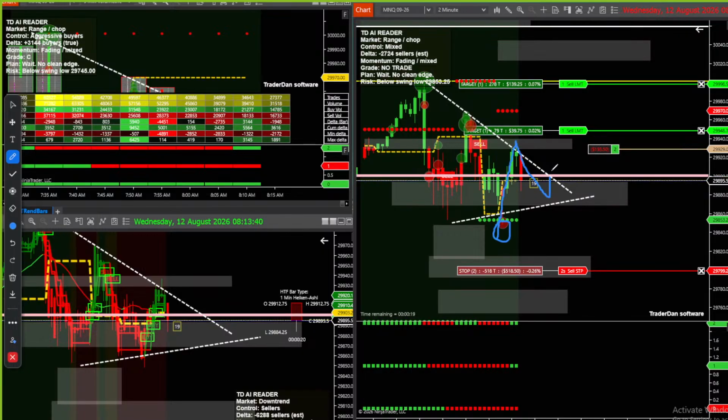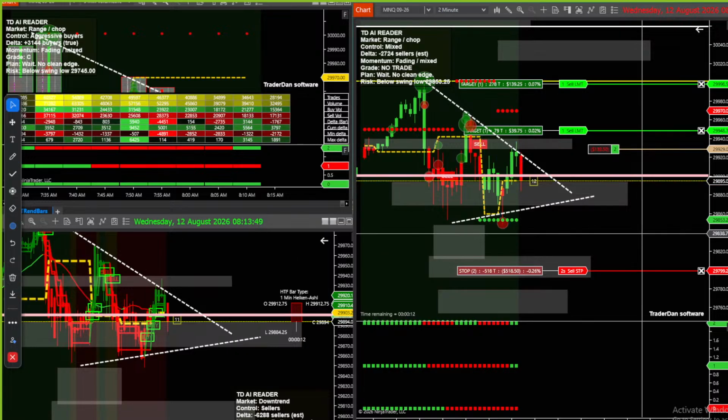Inside high, inside swing again. We're in a range bound. We're in the bottom. Are we going to break the range and continue down? I don't know.